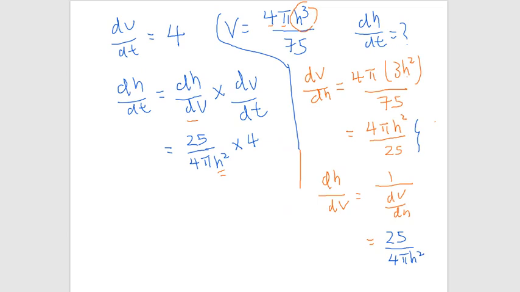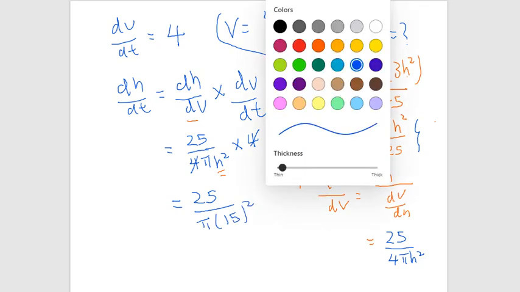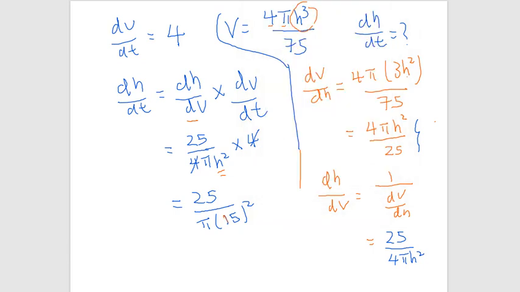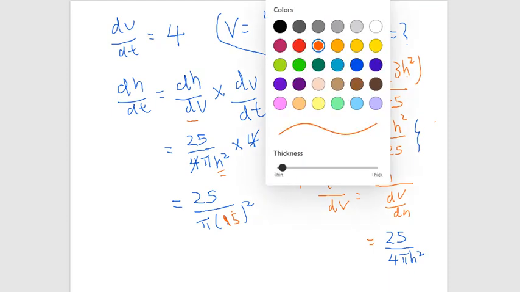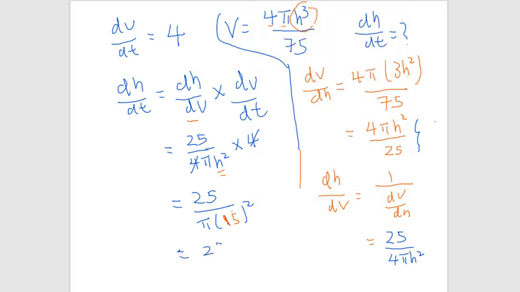So to find dh/dt, you should substitute h as 15. The 4 and 4 cancel, so this should be 25 over pi times 15 squared. So 25 over pi then times 15 times 15.